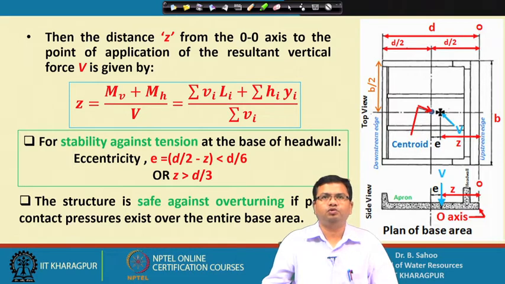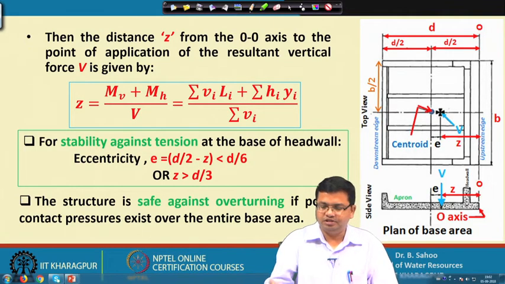So, the total moment will be V times Z. Z is the distance from this O axis to the line passing through the point where this V is acting. So, you can estimate the distance Z.